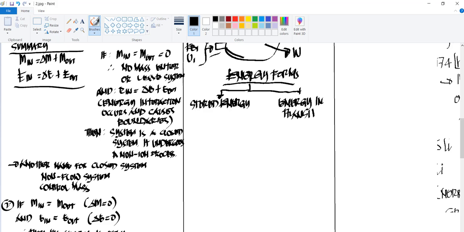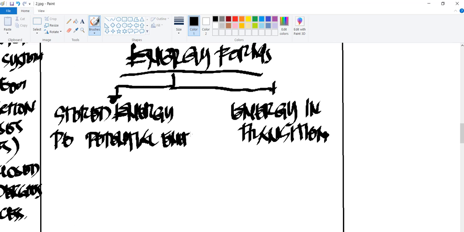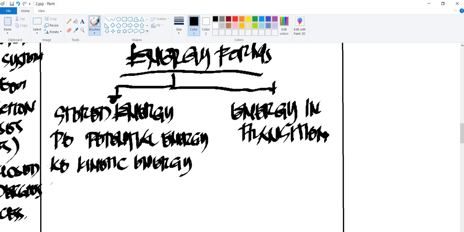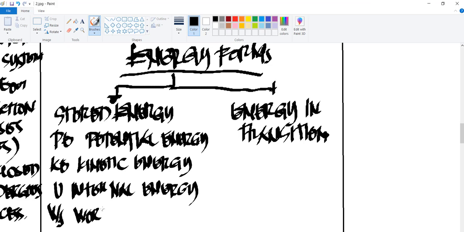For stored energy, we have PE, potential energy; KE, kinetic energy; internal energy; and WF, the workflow or flow of work.